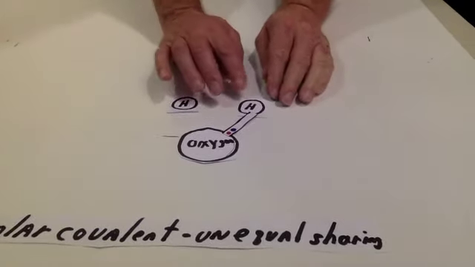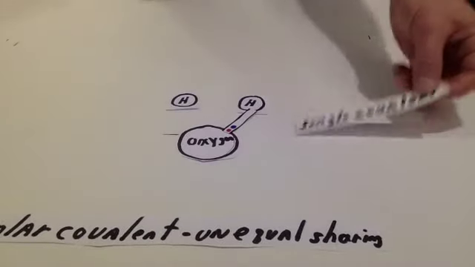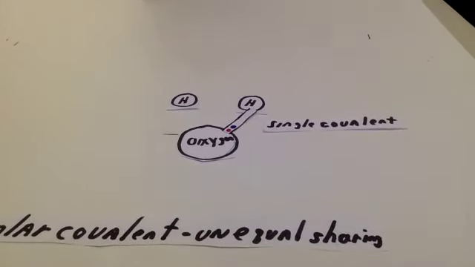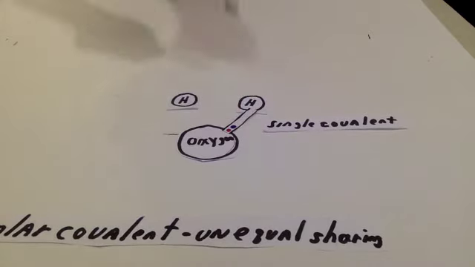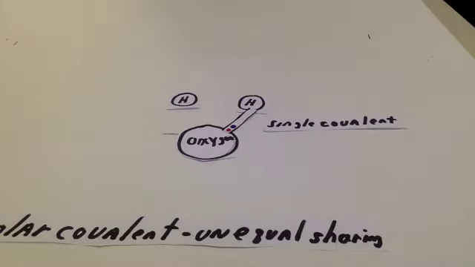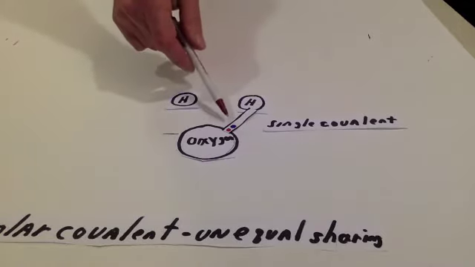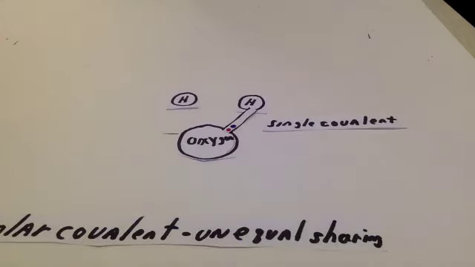So there we go. That's a single covalent bond because it consists of two electrons, one from hydrogen, one from oxygen, that they're sharing. But notice that the electrons are closer to the oxygen because oxygen has that high electronegativity.